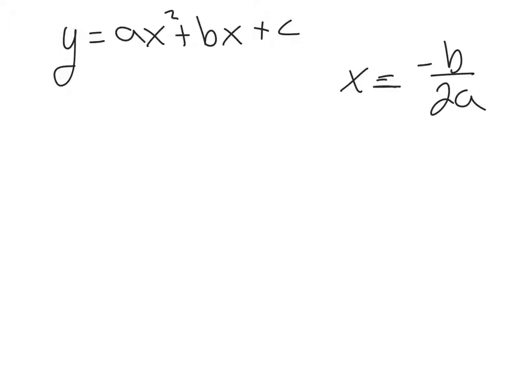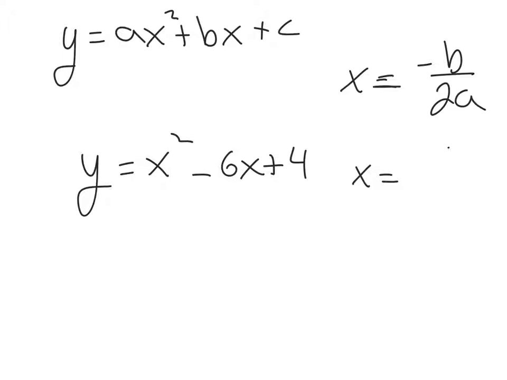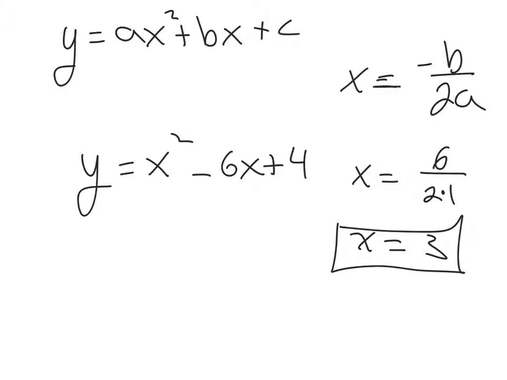So let's see if we can find the vertex of y equals x squared minus 6x plus 4. Well, in this case, b is negative 6. So x equals negative negative 6, or just 6, over 2 times a, which is 2 times 1, which is 2. 6 divided by 2 is 3. So the x value of our vertex is 3. Also, our axis of symmetry is x equals 3.